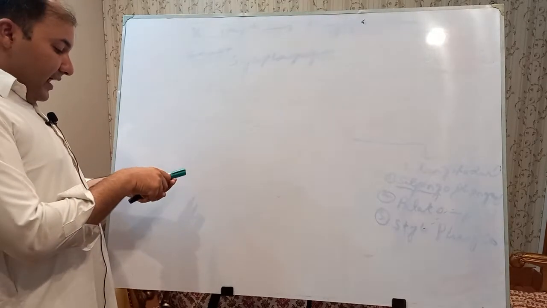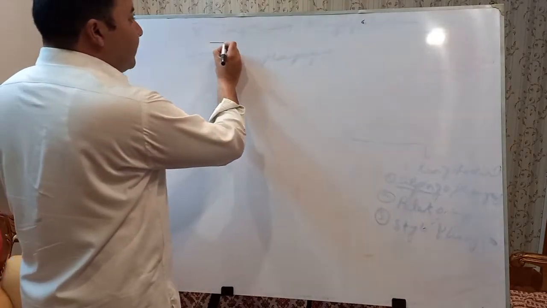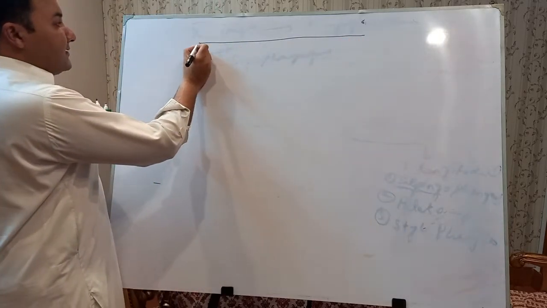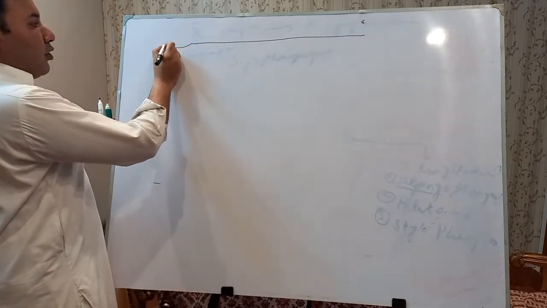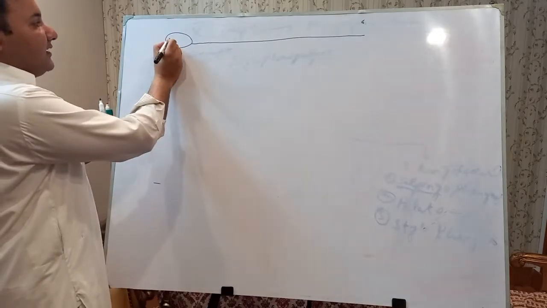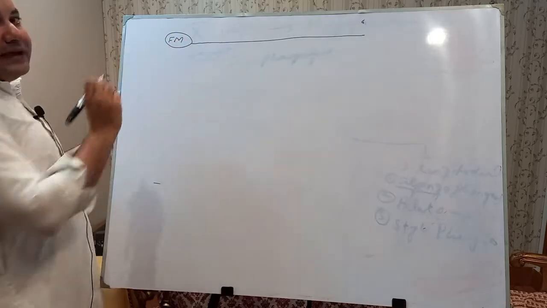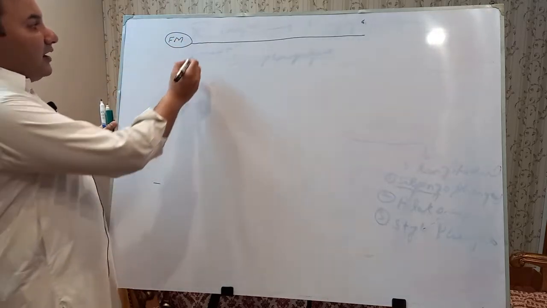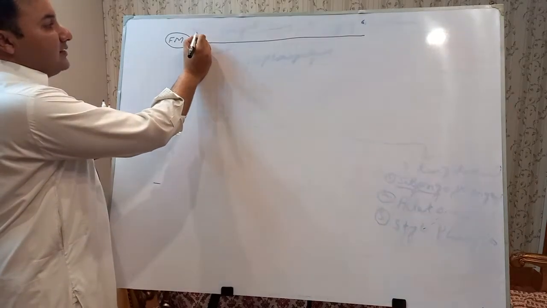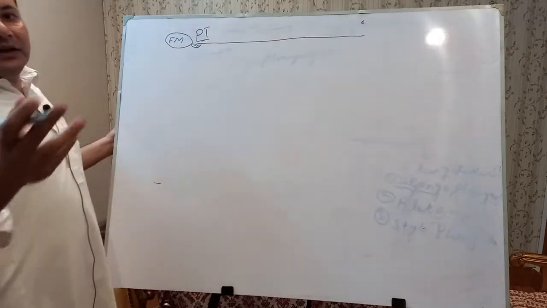Number one, we have a very important structure, the base of skull. On it there is the biggest foramen, the foramen magnum. In front of the foramen magnum we have a tubercle, called the pharyngeal tubercle.